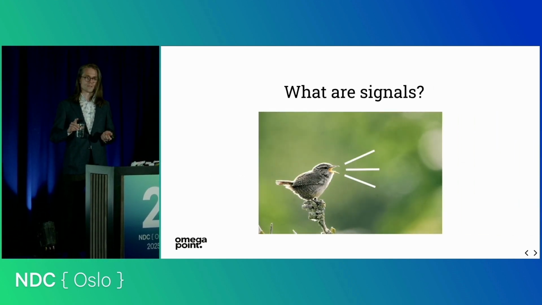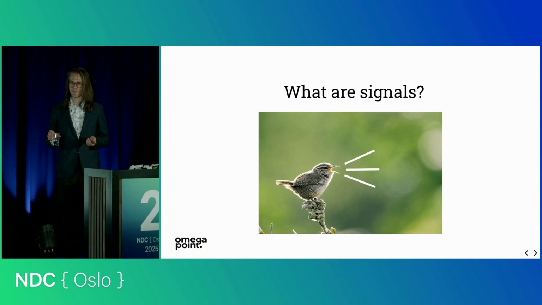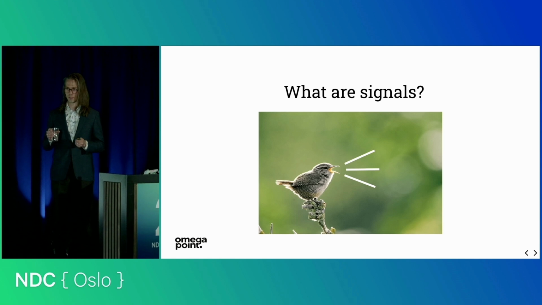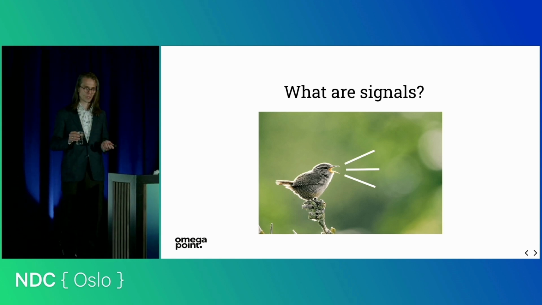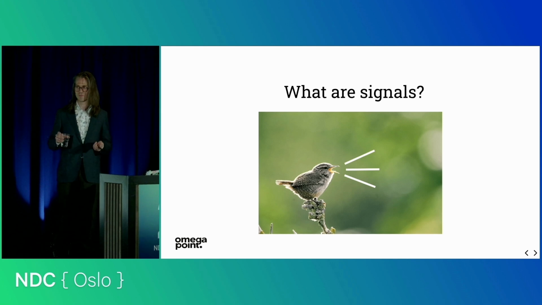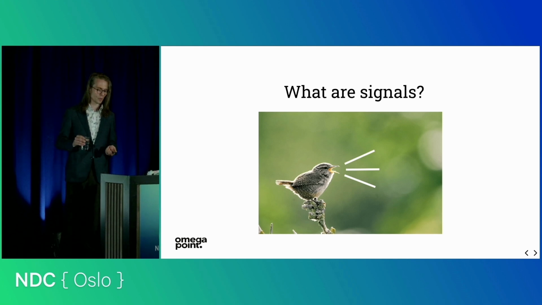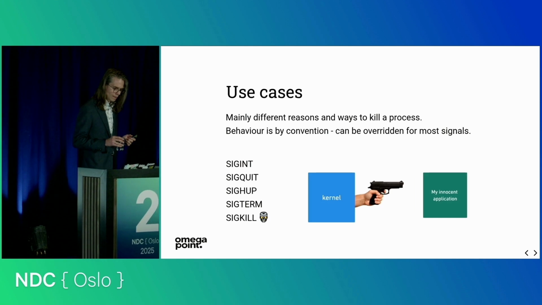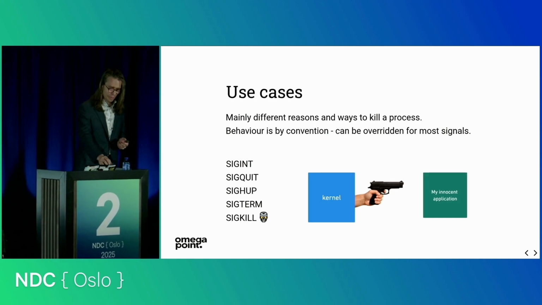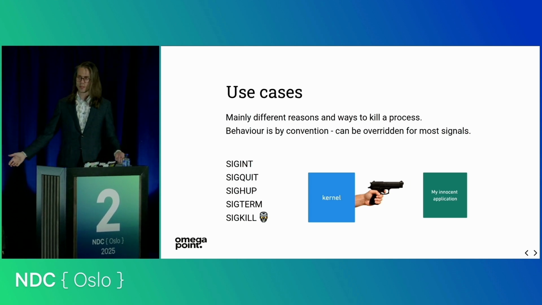So what are signals? SIGTERM, SIGKILL. These are software interrupts sent by the Linux kernel to applications, used for a very light type of inter-process communication. There are mainly different reasons and ways to kill a process.